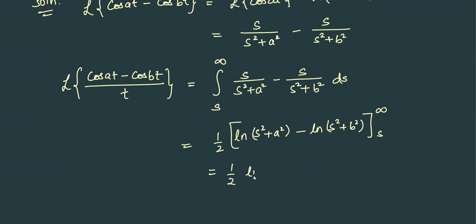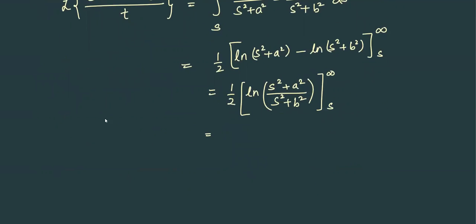This is like an improper integral, from s to infinity. So when s approaches infinity, this is infinity upon infinity. You can divide by s square, you will get log 1.